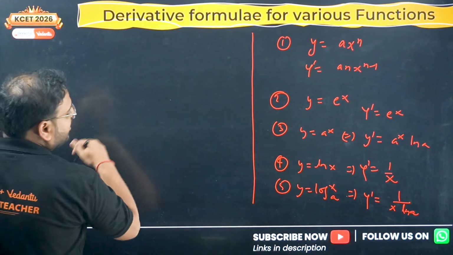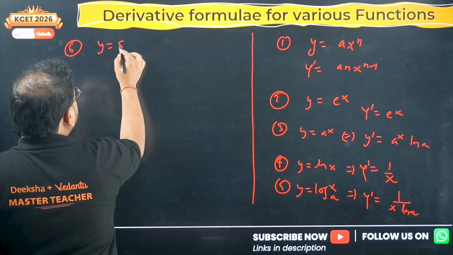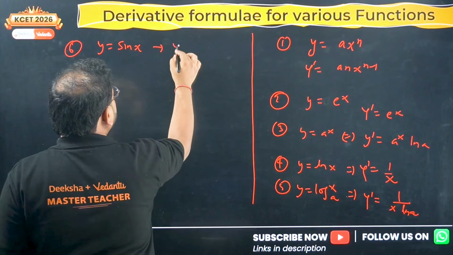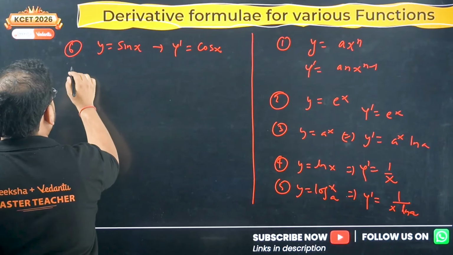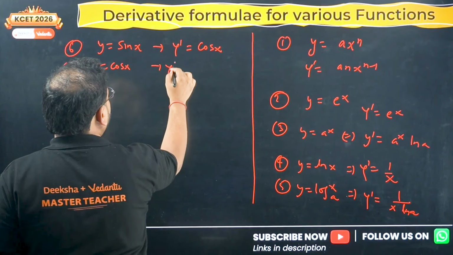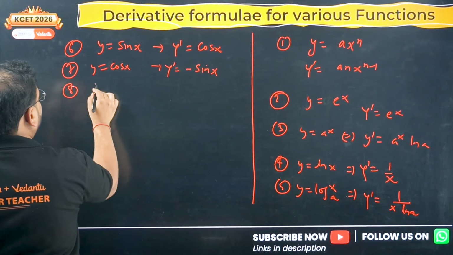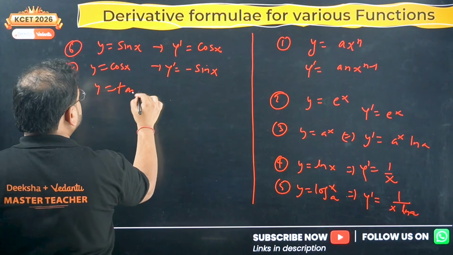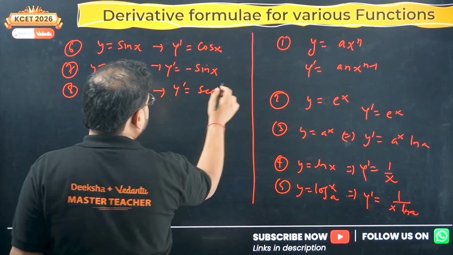Now we're going to move on to the trigonometric ones. If y equals sin x, the derivative is cos x. Seventh one, if y equals cos x, the derivative is minus sin x. If y equals tan x, the derivative is sec square x.